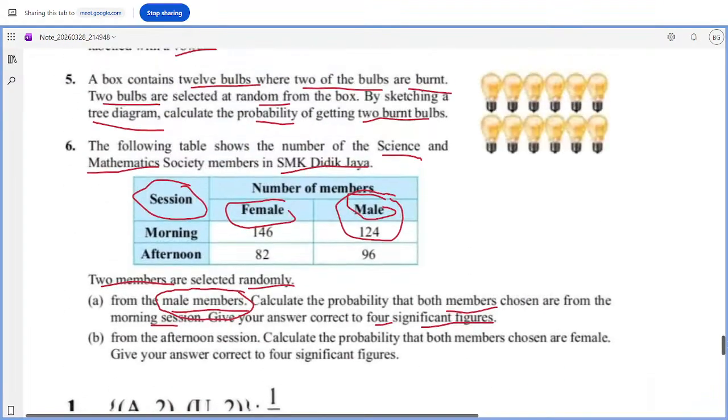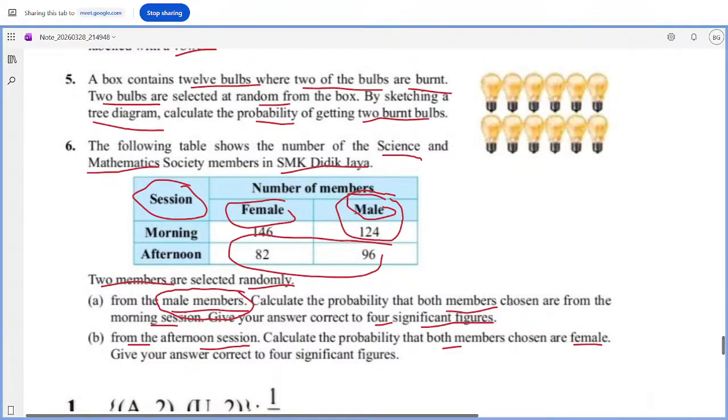All right, next one. Now they say 2 members from the afternoon session. So now, guys, the priority is on the timing, correct? So your total only focuses on afternoon. We don't care what the gender is now for the total. So 82 plus 96, total 178. So over 178. And they want both to be female. So you see female, guys, 82, right? So 82 over 178 for the first member.